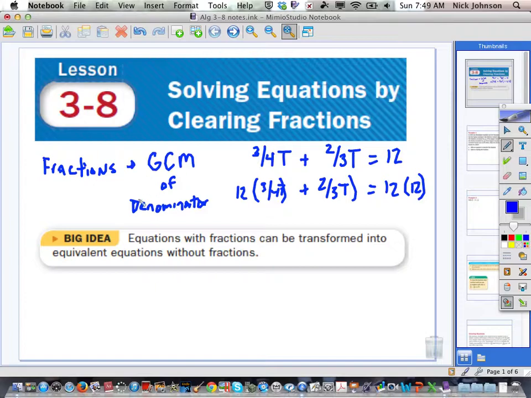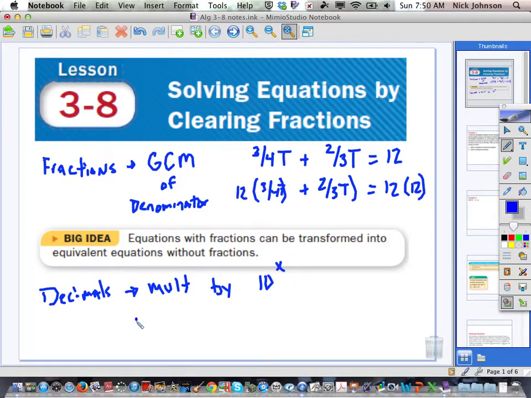When clearing decimals, you multiply by 10 to some power. You determine that power by how many spaces you have to move your decimal to the right.